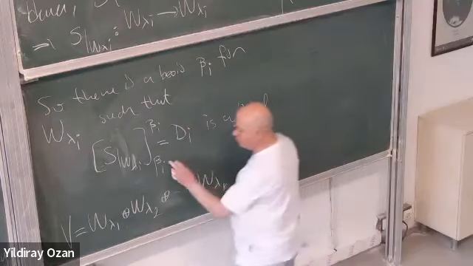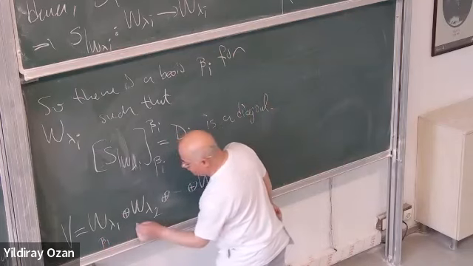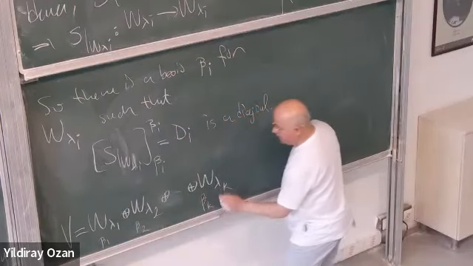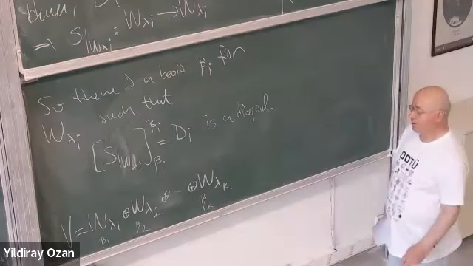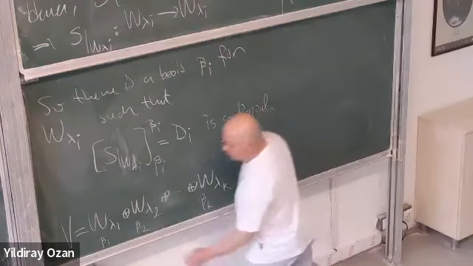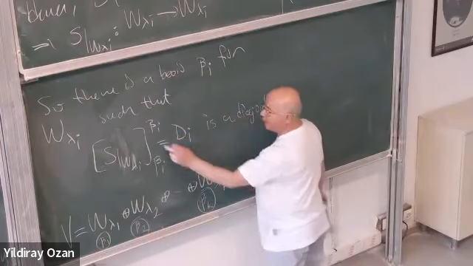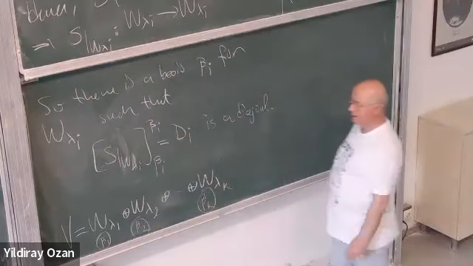And for each one, I have a basis, beta 1, beta 2, beta K. And we have seen that this basis also diagonalizes S, okay?